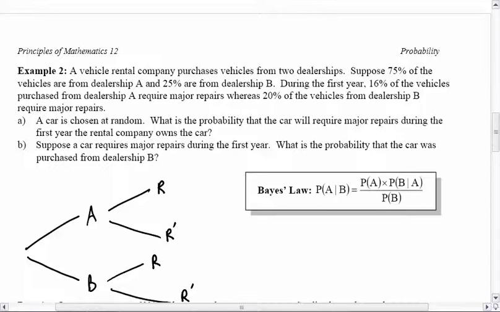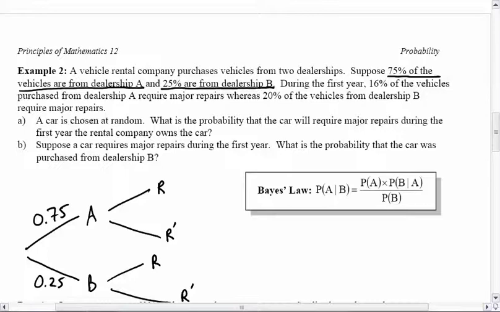So the chance of getting a car from A is 75%, because 75% of the cars come from A, which means that the rest must come from B. When you're making a tree, 2 branches will always add up to 1. Okay? It should always add up to 100%.